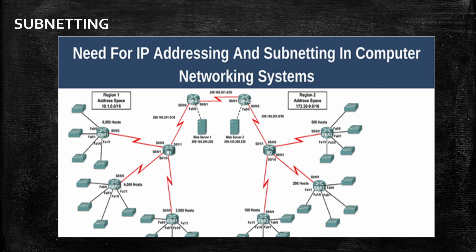This is the network. It's divided into two parts: network A and network B. Network A has three more networks: A1, A2 and A3.